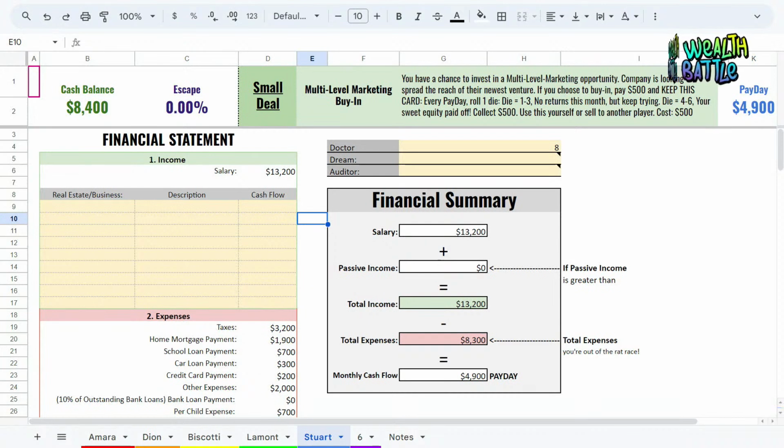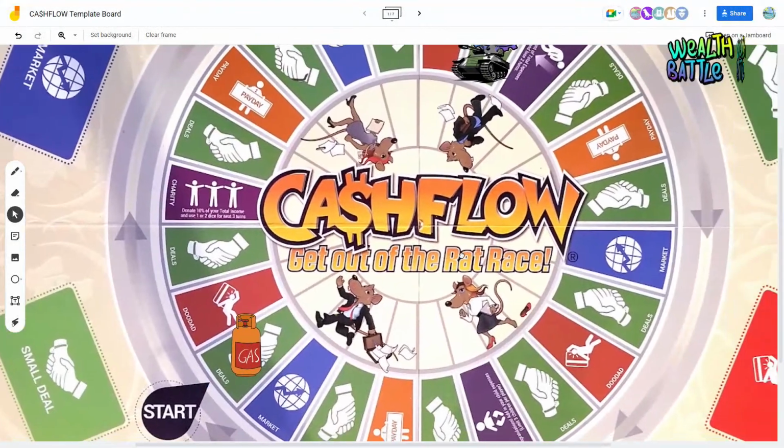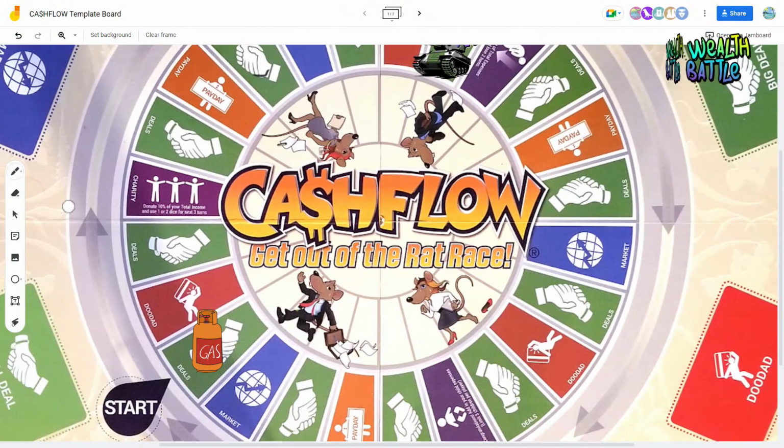If you roll a 1 to 3, you get no returns this month, but you can keep trying. And if you roll a 4 to 6, your sweet equity pays off, and you collect $500. You can use this yourself, or you can sell to another player. So you buy this for $500, and every time you land on or go over payday, those orange sections, those are paydays.